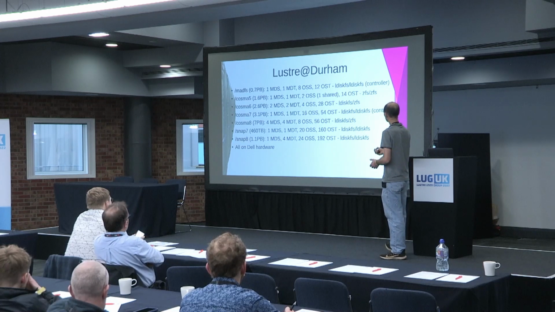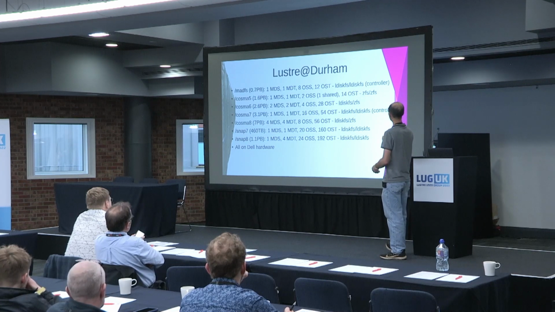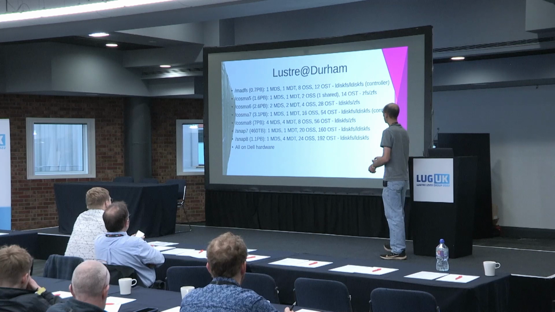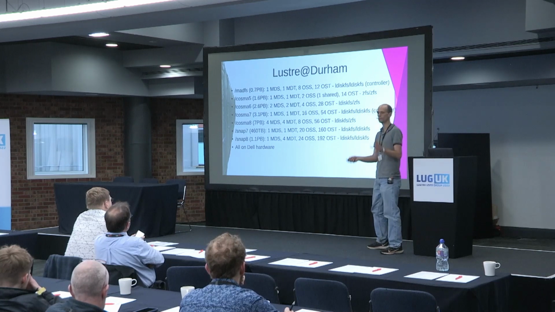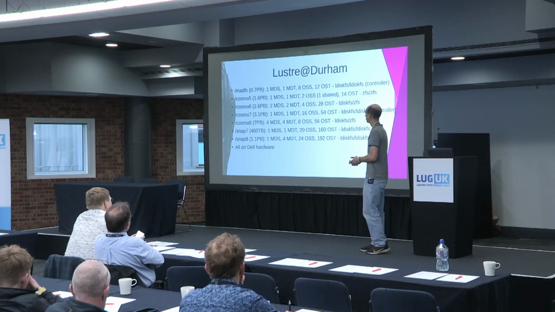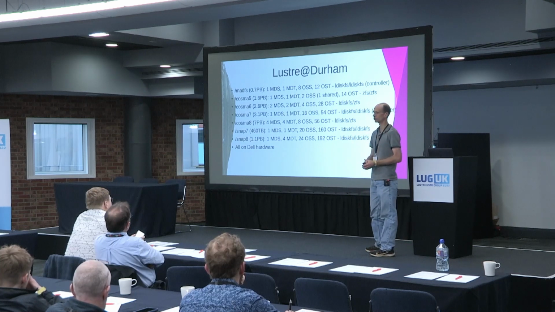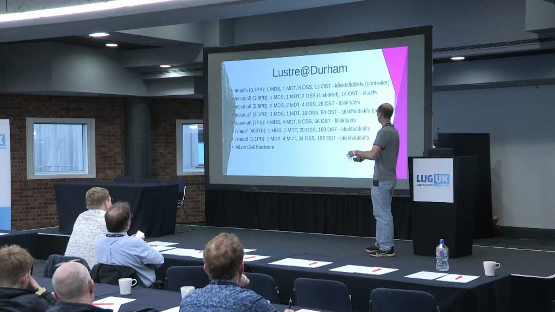One of them, COSMA 5, has ZFS metadata and object storage. Most of them have LDiskFS for the metadata and ZFS for the object storage, though not all of them. At the moment, they are all on Dell hardware, and they're all systems that we build ourselves. So we buy the bare servers and the bare JBODs, etc., and install and configure Lustre on top of those.